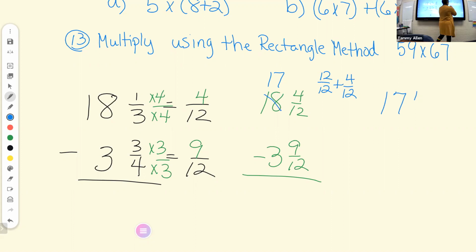There we go. All right. Thank you. And what are we subtracting from that? Lane. 3 and 9/12. Okay, go ahead and do that subtraction and make sure your answer is in lowest terms.